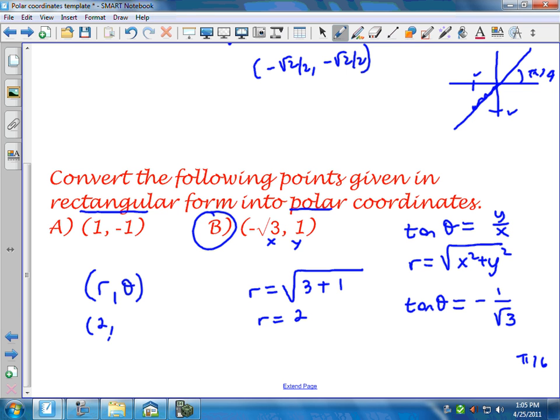But now we have to pick the right quadrant, okay? Where is the original given point? In which quadrant? Negative root 3 comma 1. X is negative, but y is positive. That's quadrant 2, right? So what I need is an angle that will represent that point in that quadrant, but that angle should have a reference angle of pi over 6.